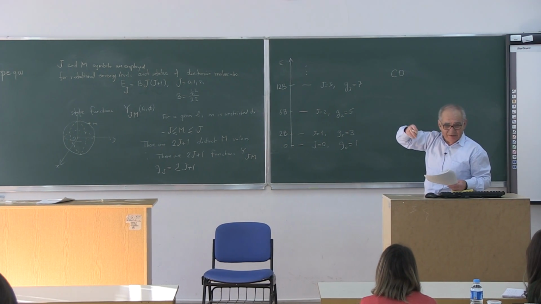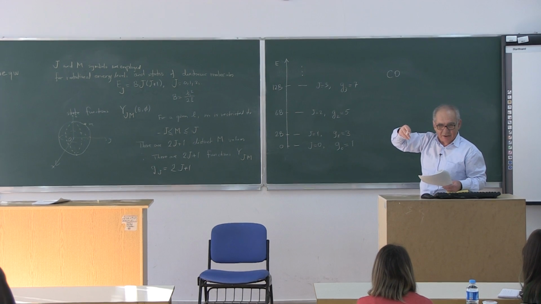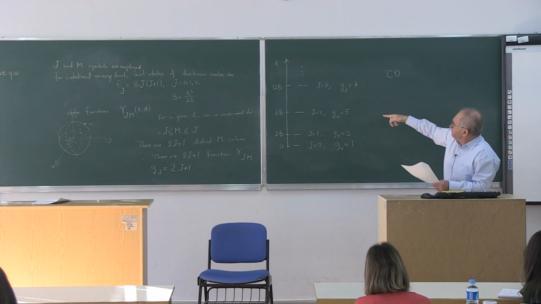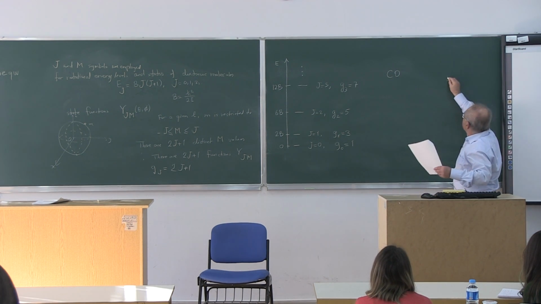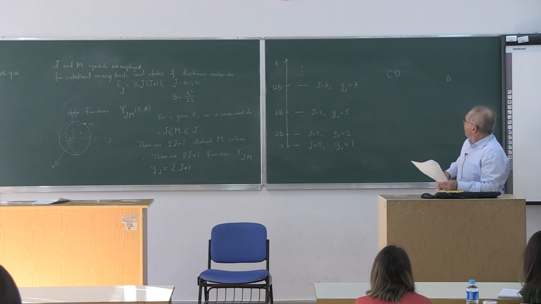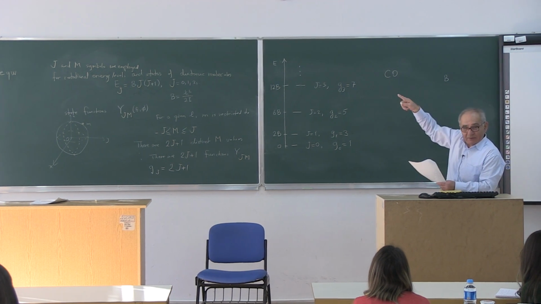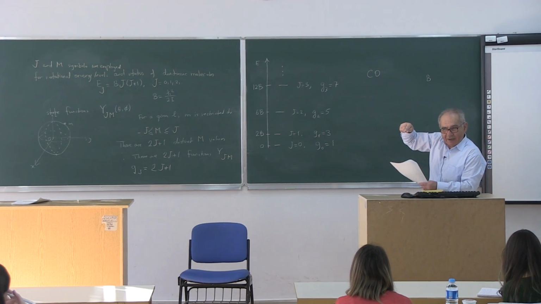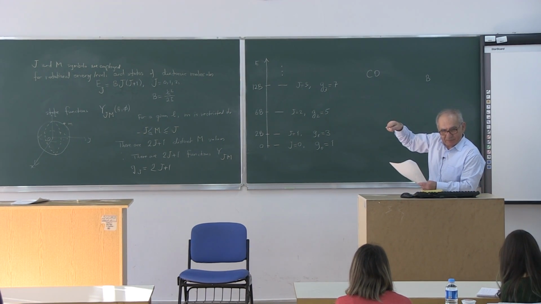The most abundant carbon atom is carbon 12. But there is also carbon 13, carbon 14. The B value contains the moment of inertia. But to calculate the moment of inertia, you need the masses.